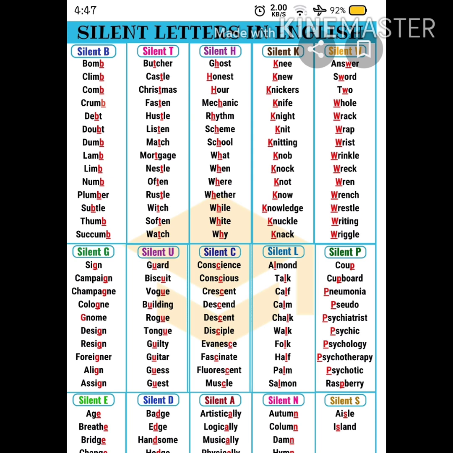Of course, we talked about the K, and in most cases there is an N after the K. We have silent G in sign, design, foreign or foreigner, and in most cases an N follows. We have silent C, silent L, silent P, and of course silent E, or what we call a magic E at the end of the word.